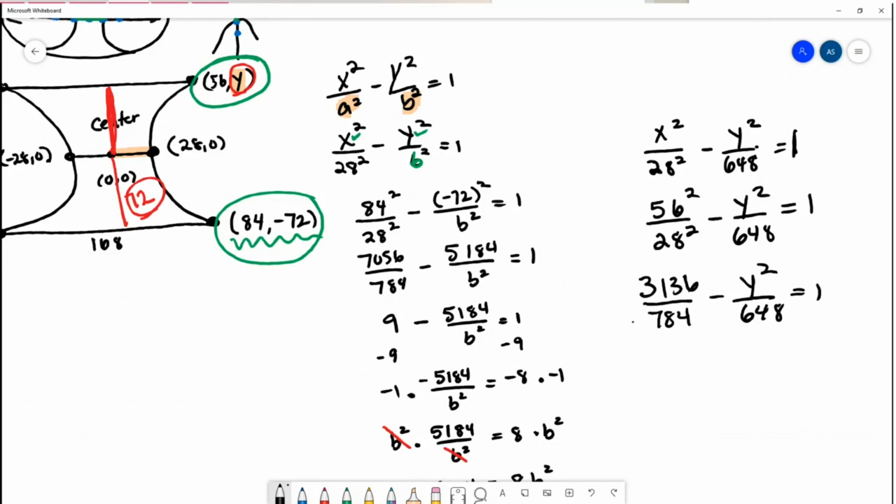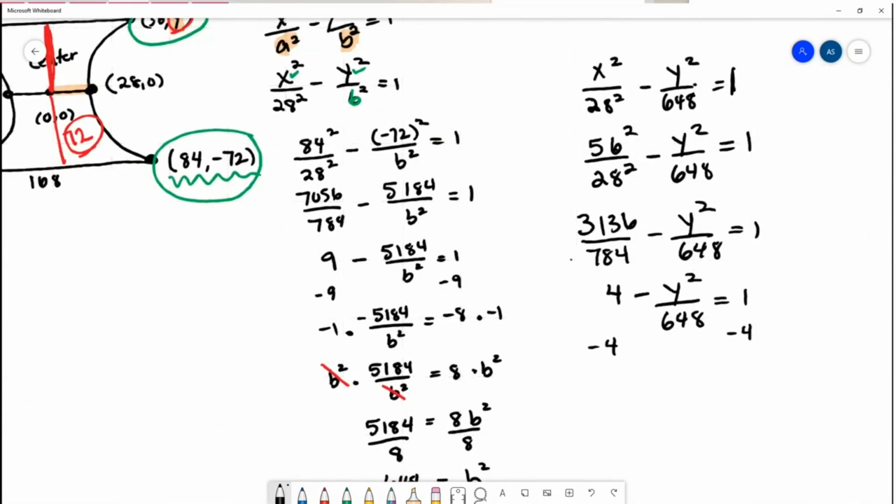So 3,136 divided by 784 is 4. And I want to solve for y. To solve for y, I'm going to subtract 4 on both sides. I have negative y squared over 648 equals negative 3.